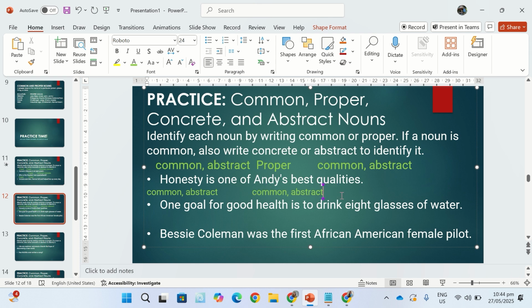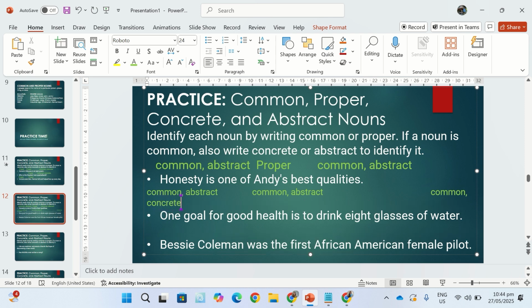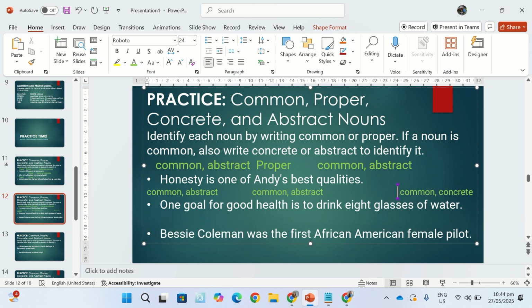Another is the water. What is it? Common and concrete. Very good. Why? We can feel it, we can touch it, though it's not touchable like a solid concrete one, because it's just a liquid.